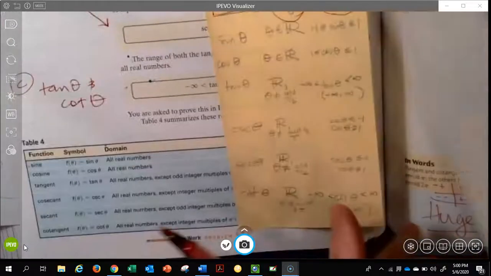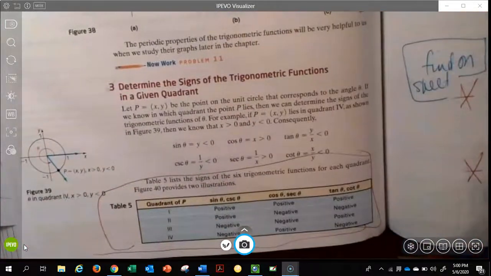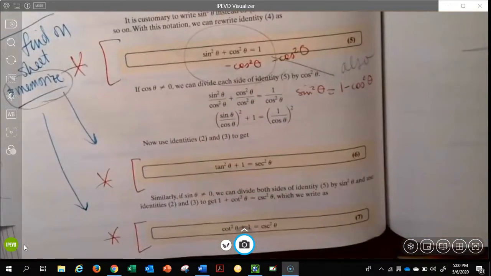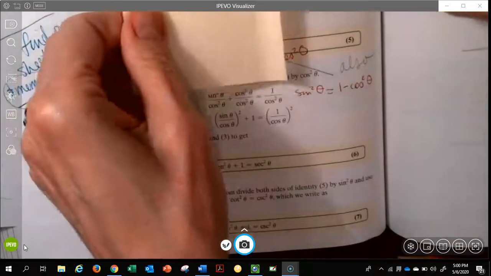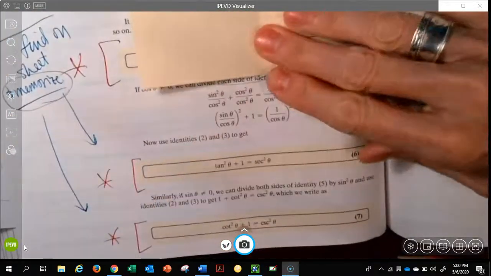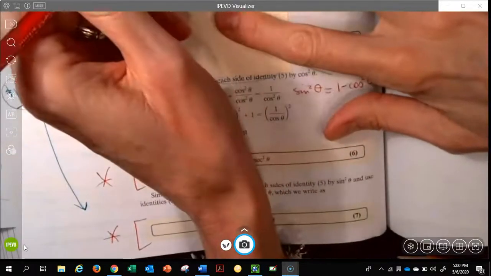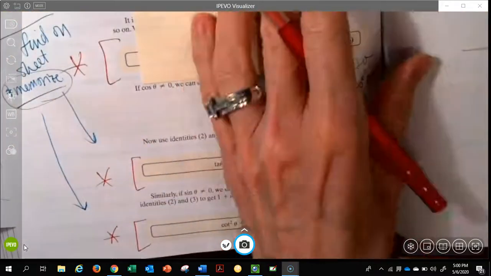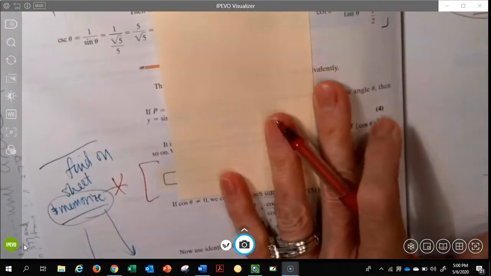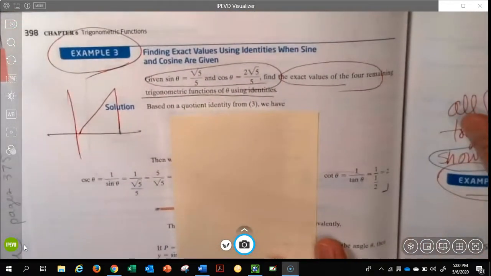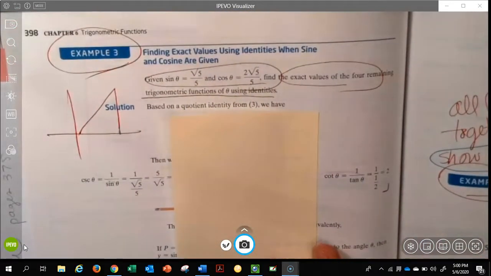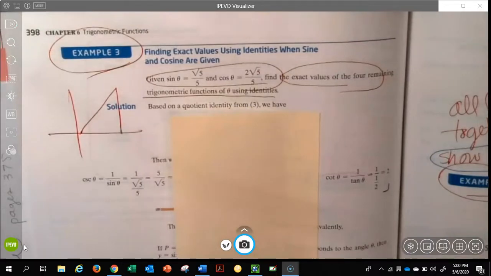And on example 3, that's 1. So looking at example 3, I wanted to show you what I like and what I do a lot when I'm working these problems. I like you seeing multiple ways to work our trig examples, our trig concepts.